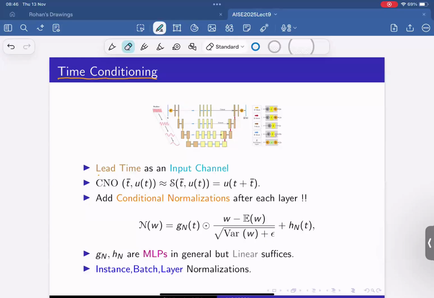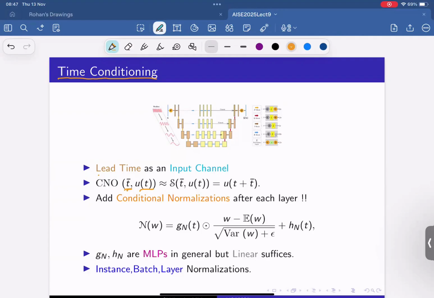You are given the solution at time t, and you are given the time, or what is called the lead time, t bar. No one gives the absolute time. You can also give it, but in practice it makes a lot of sense to give the lead time, because you don't know from where you're going to march, right?